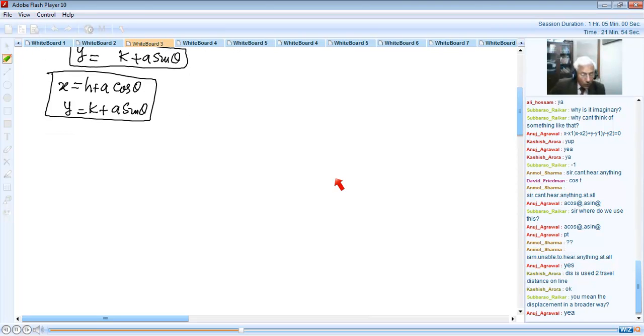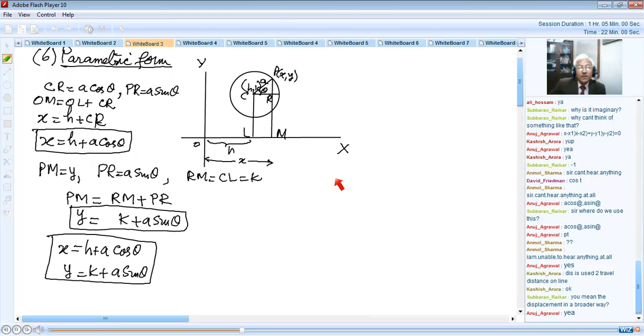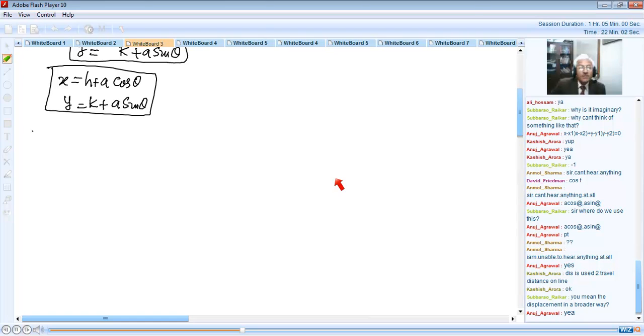Right. We come to another thing. We have found this equation in parametric form. We take up next how to find the equation of a circle with three things given, at least three things given.